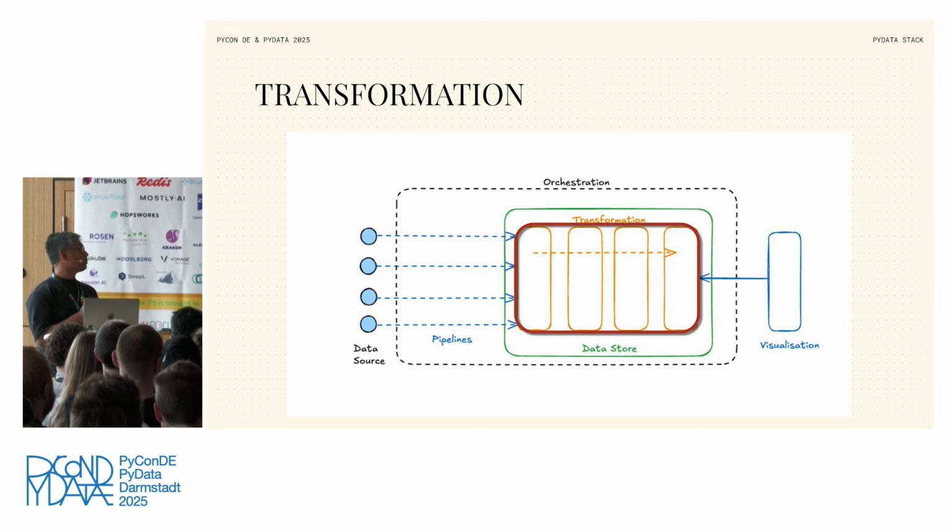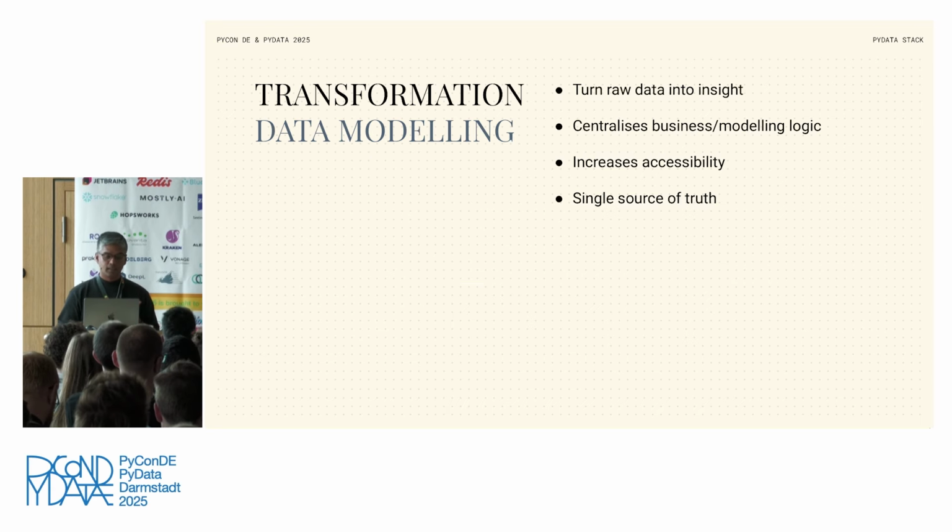All right, transformation. This is the secret sauce. This is what turns that raw data into a really valuable asset. It's an opportunity for you to centralize and agree business modeling logic with stakeholders, the rest of your company, and other people you might be working with. And using the right tool means that you can increase the accessibility of this so that it's not just you who knows how that particular metric is calculated.